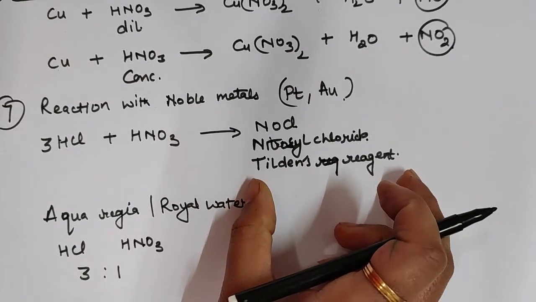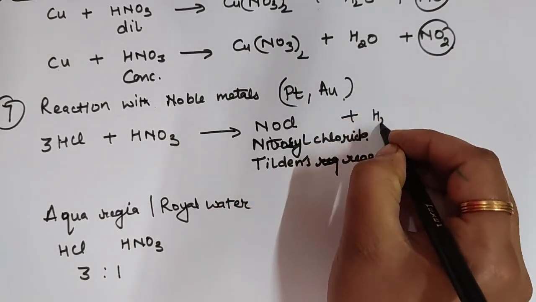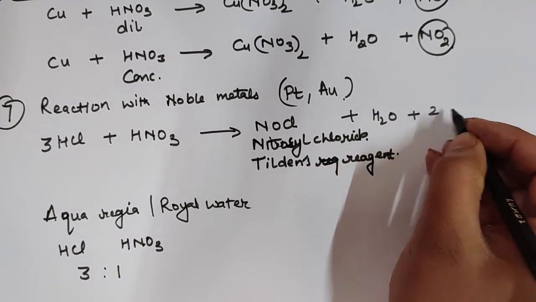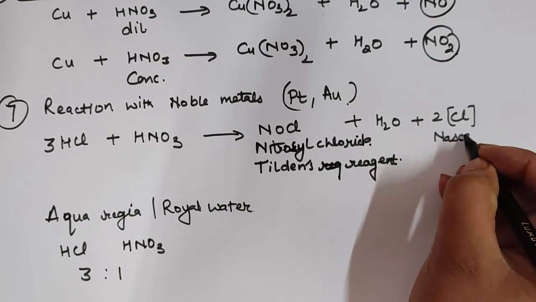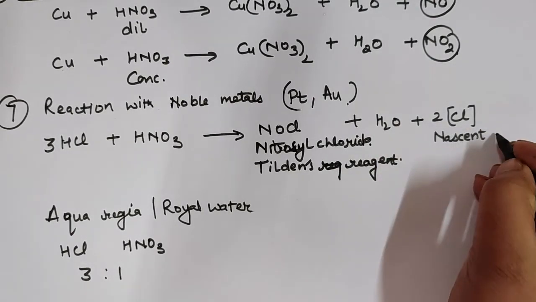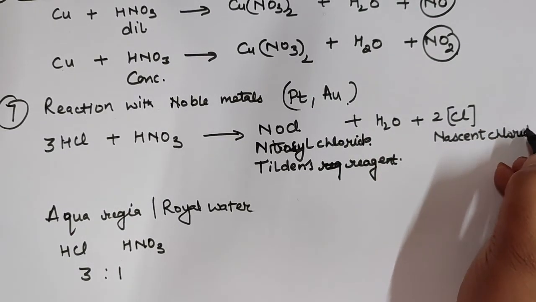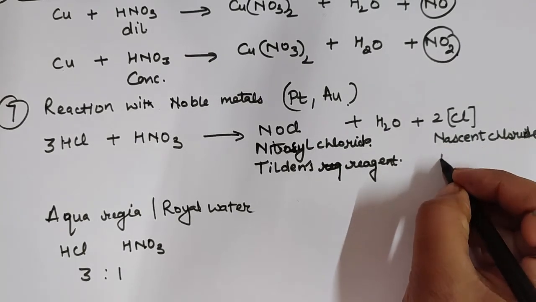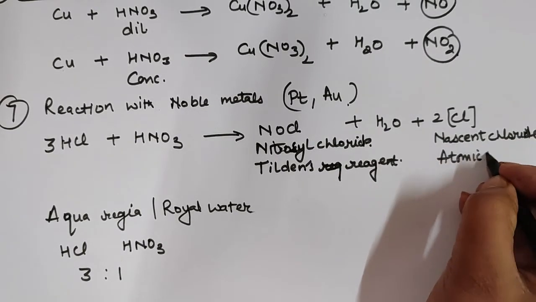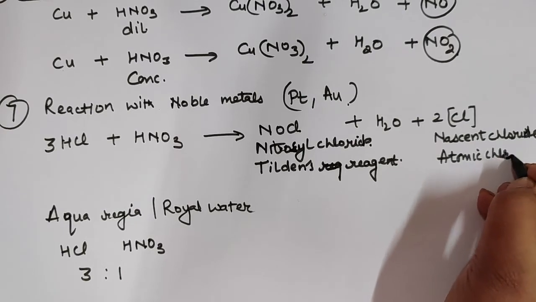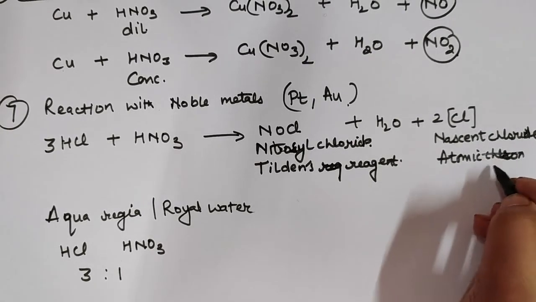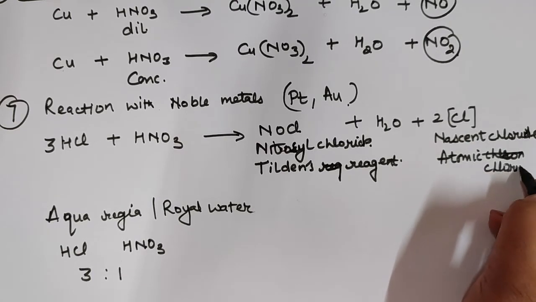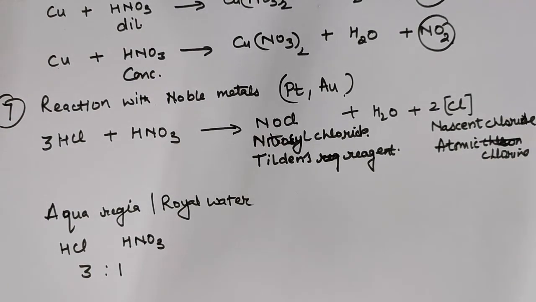So nitrosyl chloride is there, and water and nascent chlorine, or atomic chlorine, is formed.